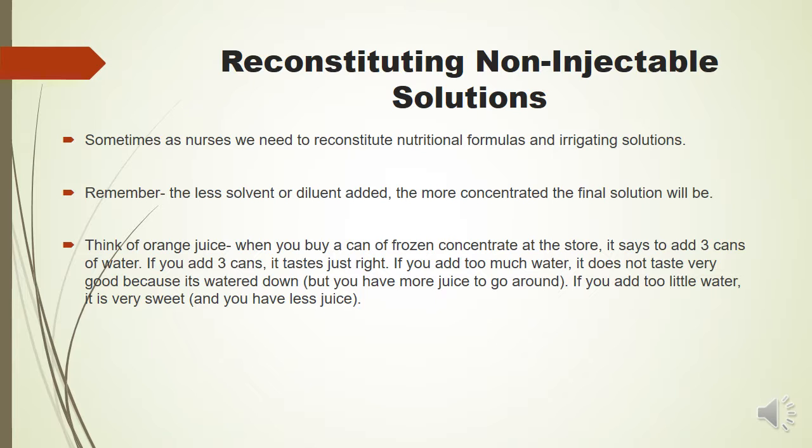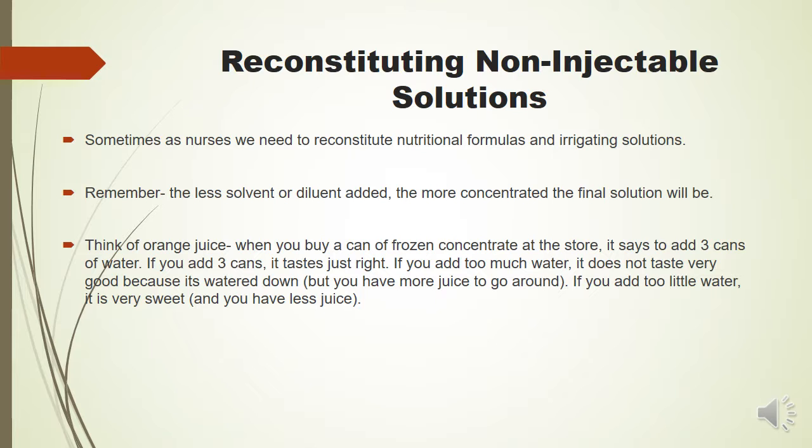But if I add too much water, it's going to taste a little watery. But if I have more guests at my brunch and I'm cheap and don't want to buy 2 cans of concentrate, I can have more juice to go around to all my guests. Now, if I add too little water, it's going to be really sweet and concentrated, and I'll also have less juice.